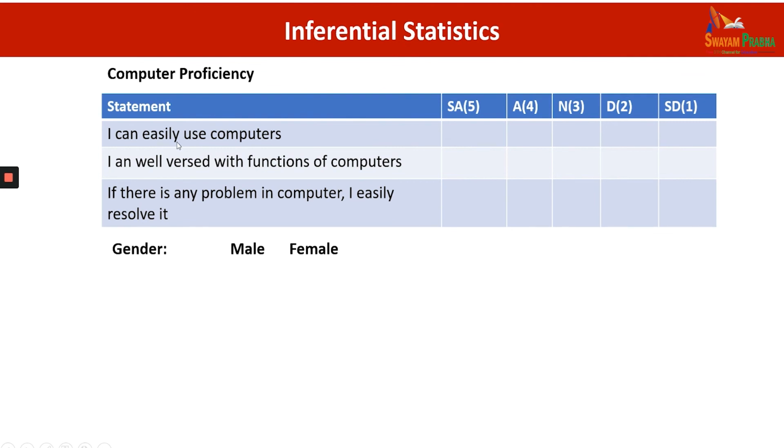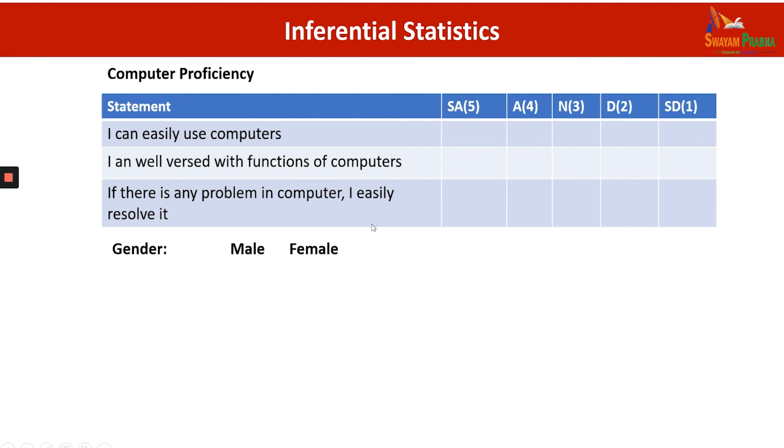How will we make it? Very simple. We will take the average of all the responses, and then it will be converted to one variable. If it is originally one variable, you need not do all this. But if you are measuring the variable with statements, then we take the average, and I will show you in SPSS how to convert it to a single variable.